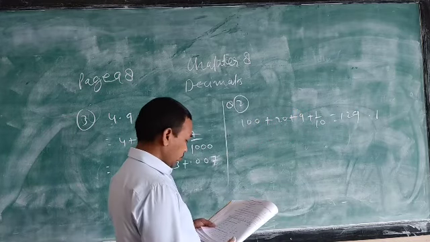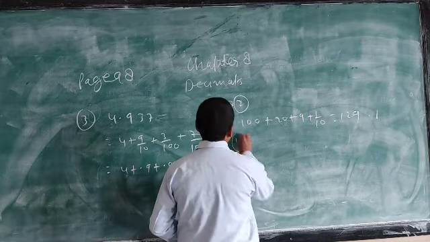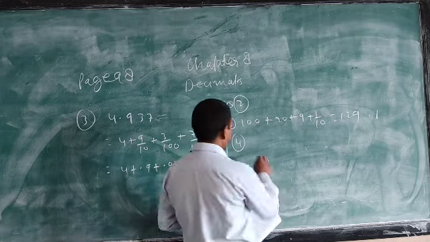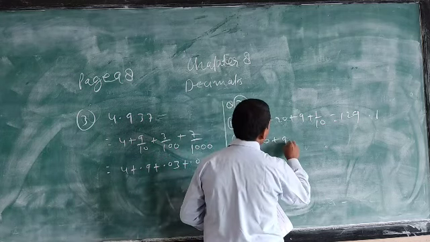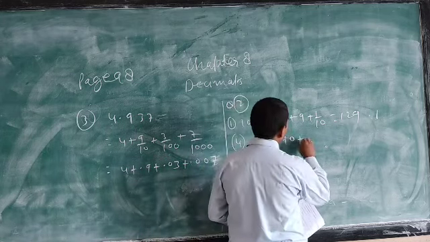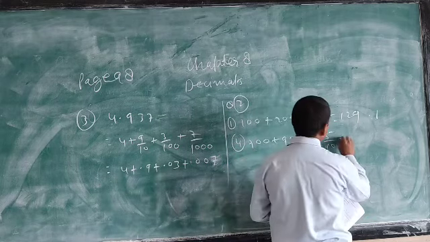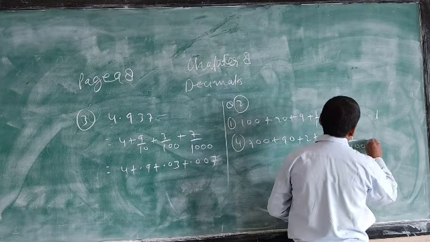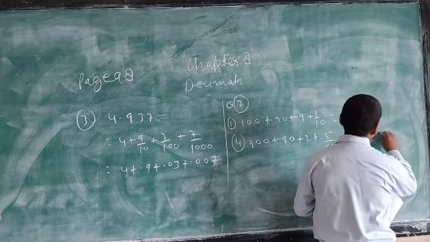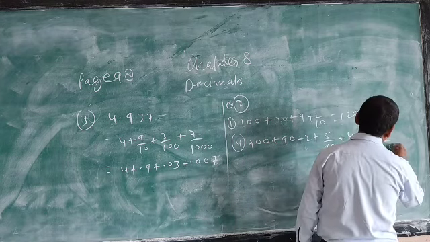So the last one: 700 plus 90 plus 2 plus 5 by 10 plus 4 by 100 and plus 3 by 1000. Very simple.